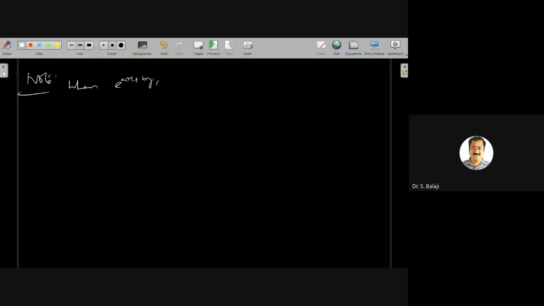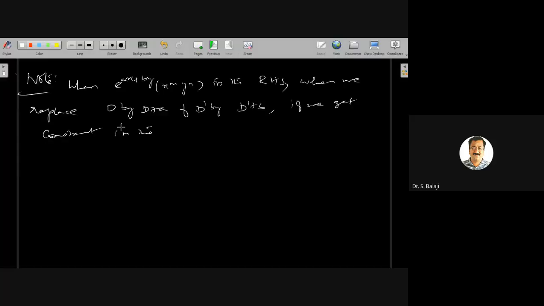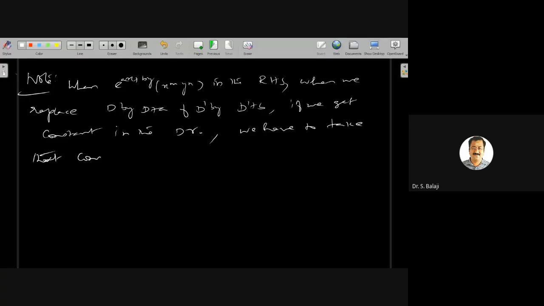When e power ax plus by into x power m y power n is in the RHS, when we replace d by d plus a and d dash by d dash plus b, if we get a constant in the denominator, we have to take that constant as a common element in the denominator.